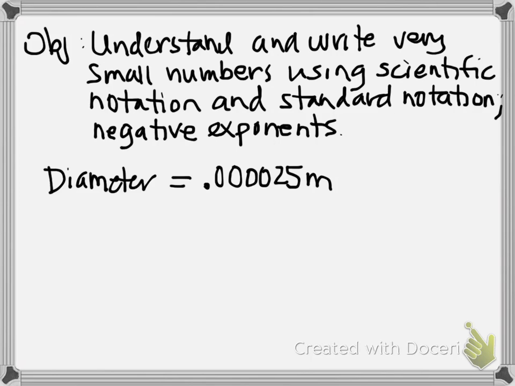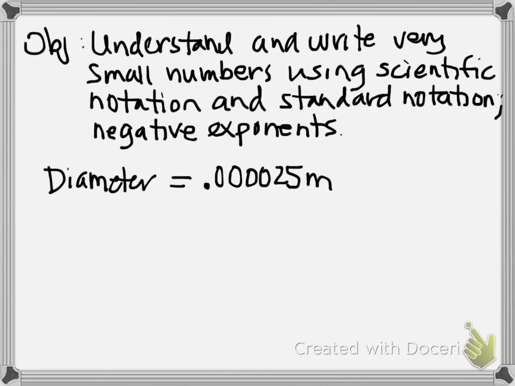Okay, so a hair is, let's see, tenths, hundredths, thousandths, ten-thousandths, hundred-thousandths, 25 millionths of a meter. A meter is a very large measurement because a meter is like this big, and we're 25 millionths of a meter. Way over there is a human hair, the diameter of it. So that's going across that human hair.